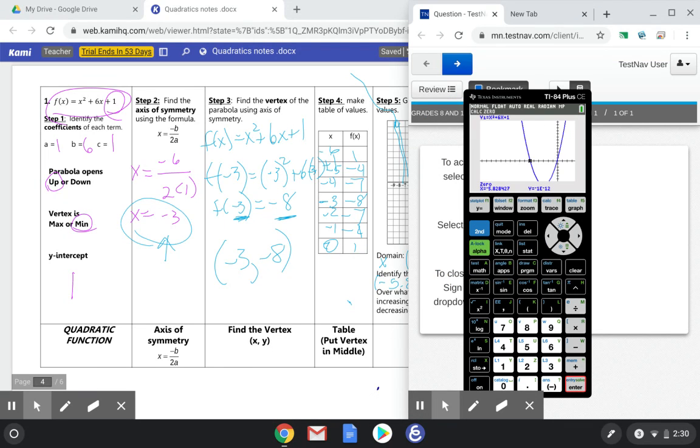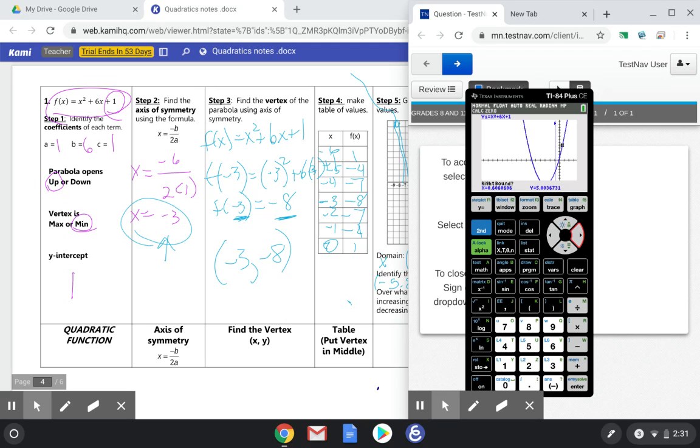Let's see what the other root is. Okay, so second trace, go to 0. And now I'm going to scroll over until I'm just to the left of where the curve is going to cross the x-axis here. Then I'm going to scroll over to just to the right of where it's going to cross. Hit enter, enter again, and I get -0.1715.